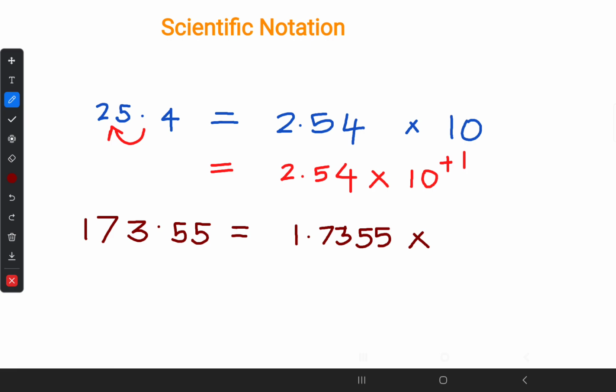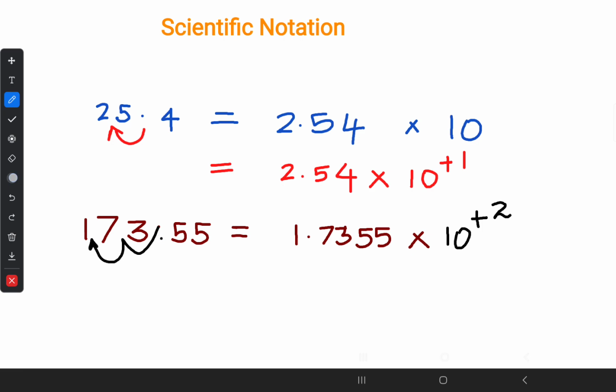Thereafter, how many digits has it moved left hand side? Look at this, 1, 2. The decimal was moved 2 digits left hand side. That means that was divided, so it should be 10 with the power of positive 2. That's all for our scientific notation.